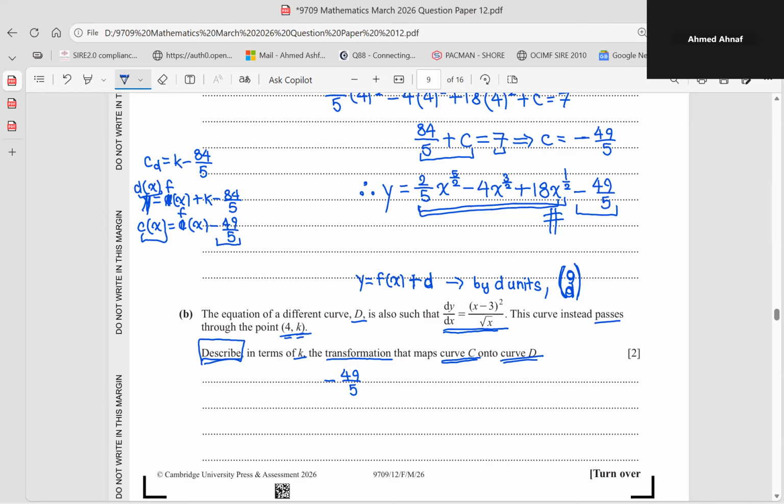Wait, no, we're going to take the constant of d and subtract it with the constant of c. So k minus 84 over 5 minus negative 49 over 5. So you just get 49 over 5 minus 84 over 5.